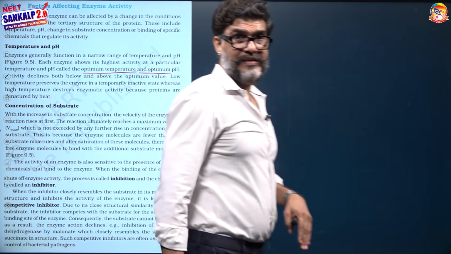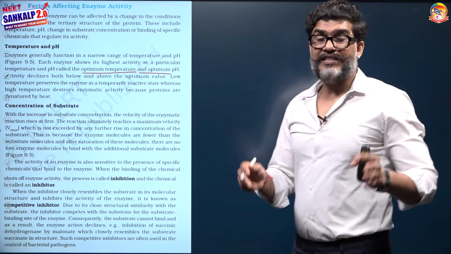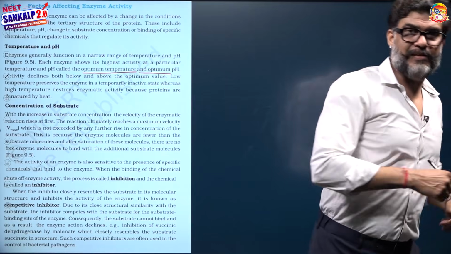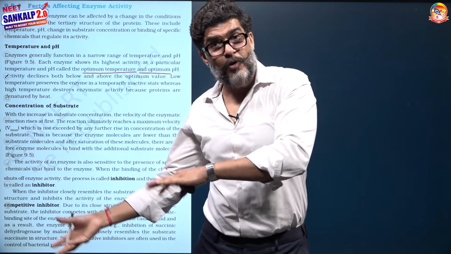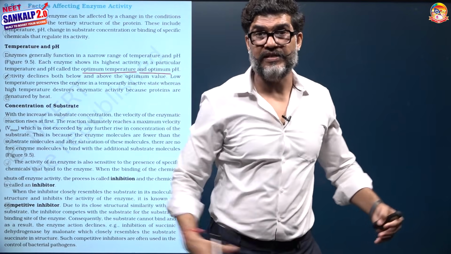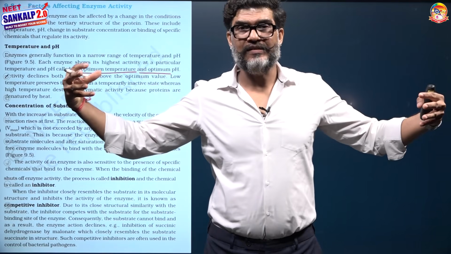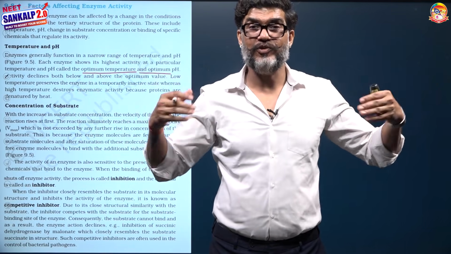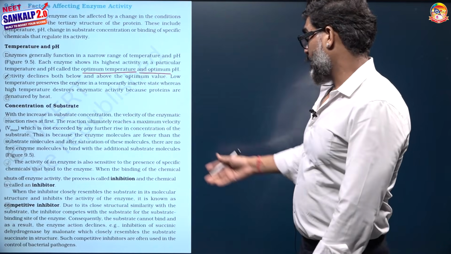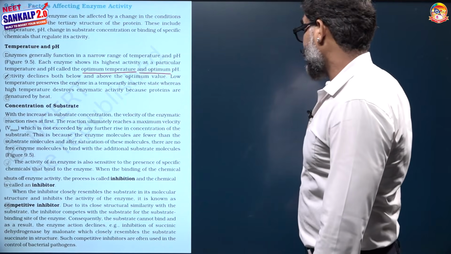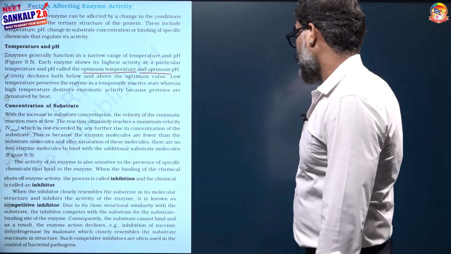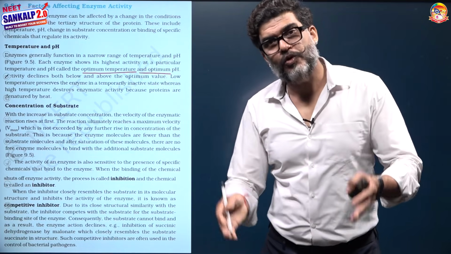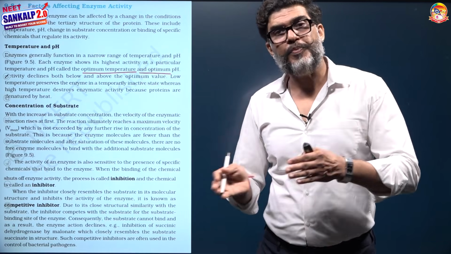There are some examples mentioned. Succinate dehydrogenase enzyme: the substrate is succinic acid, but the structure of malonic acid resembles succinic acid. It means malonic acid does competitive inhibition of succinate dehydrogenase. One more example mentioned is that the various kinds of drugs we use to control pathogens also work on the principle of competitive inhibition.